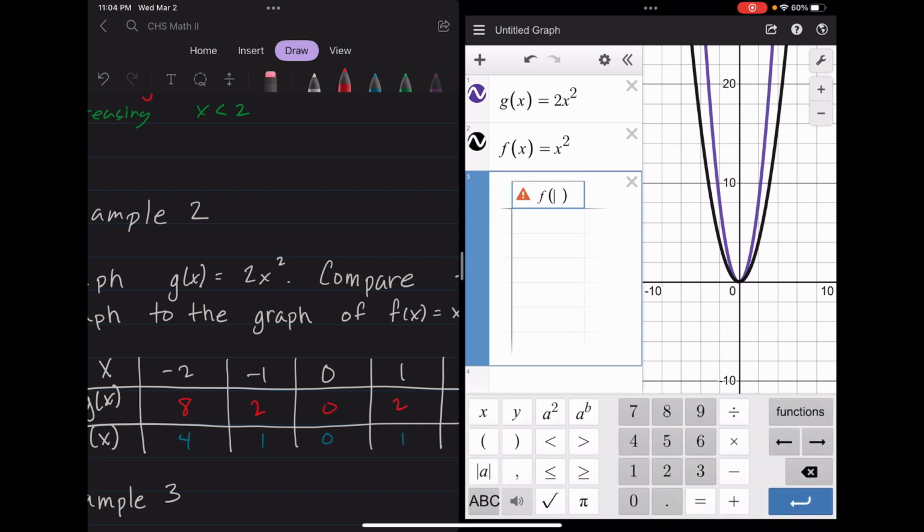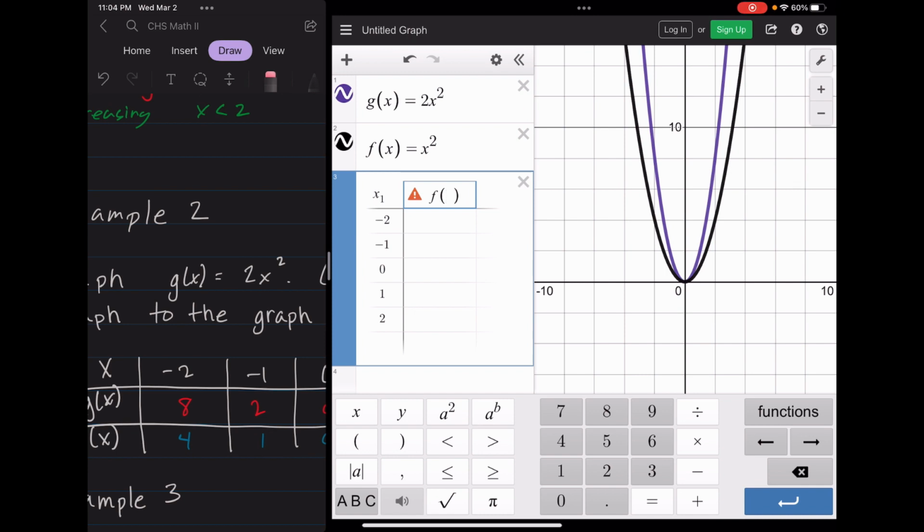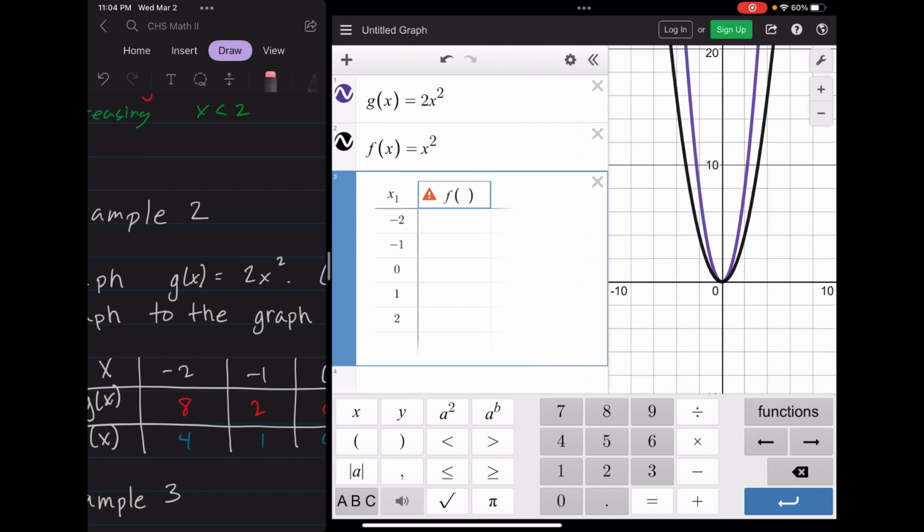Let me go ahead and get rid of this a little so I can see what I'm looking at. Whatever is in this x1 column is going to get plugged into my f of x function. So I need to write x, and then immediately after that we type 1. It's going to give us our subscript.